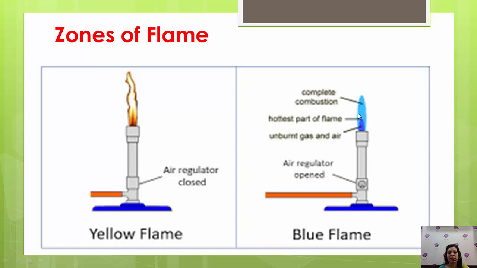This is the middle zone, which is the hottest part, and the upper or outermost part is where oxygen supply is sufficient, ample oxygen supply, where complete combustion of the substance is carried out and the temperature is very high.